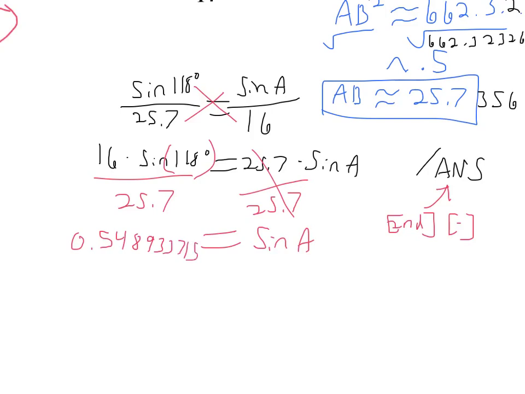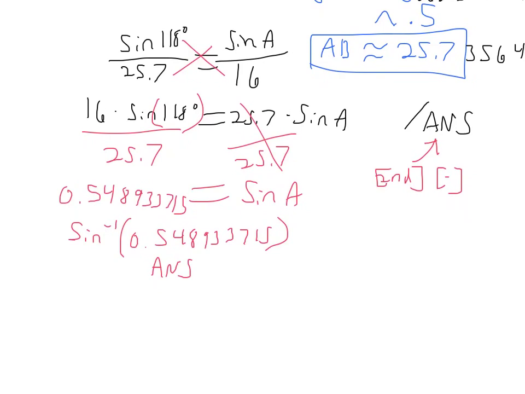What we want is angle A, and we don't know what it is, but we know the sine of A is this. So this is where you do an inverse sine. We're asking the calculator what angle has a sine of 0.548933715, or you could just do inverse sine of ANS if that's the most recent answer on your calculator. Alright, so that's what I'm going to do.